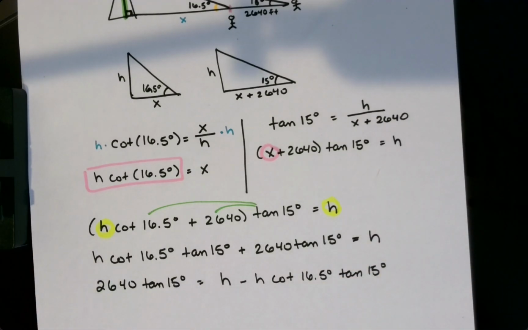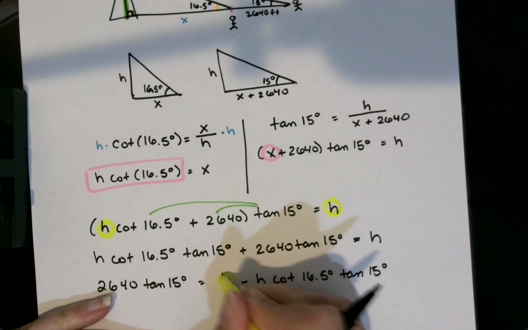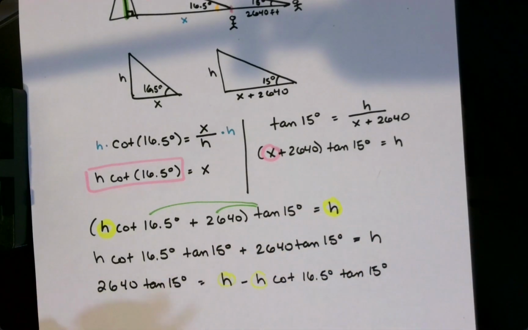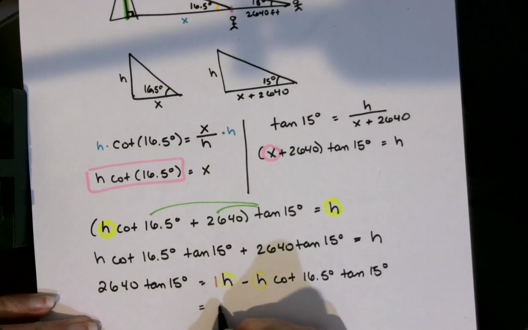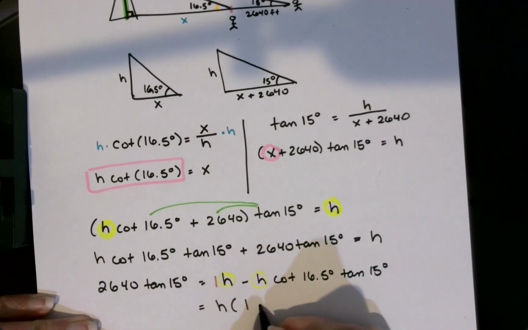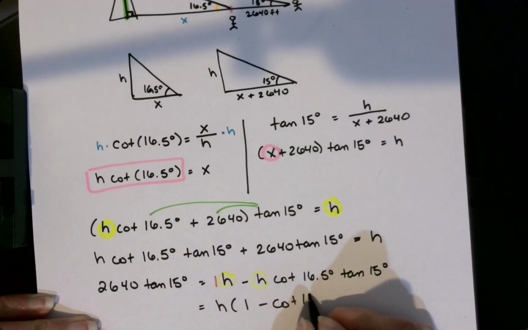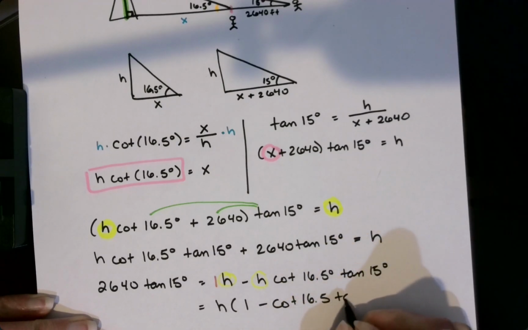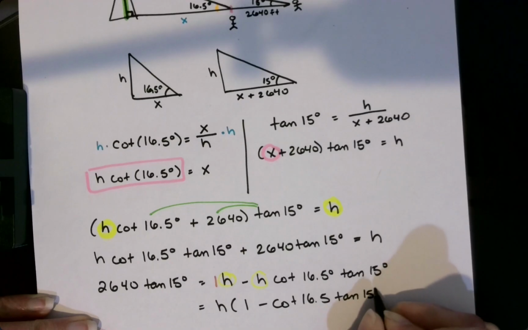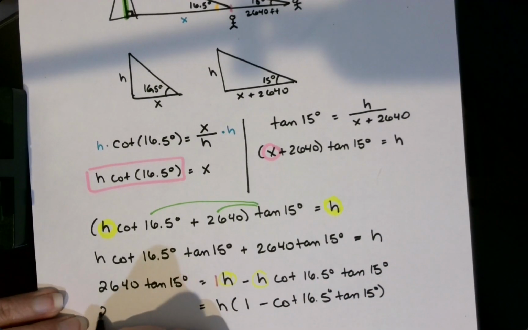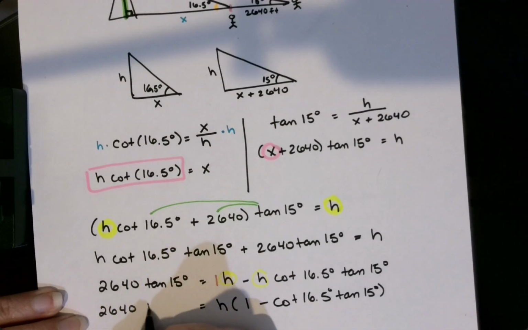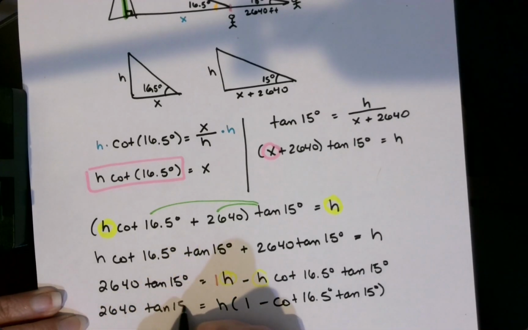And then because there is an h in both of these terms, we're going to be able to factor it out. This is a 1h. So when I factor out h, I'll have h times 1 minus the cotan of 16.5 times the tan of 15 equals the 2,640 times the tan of 15.